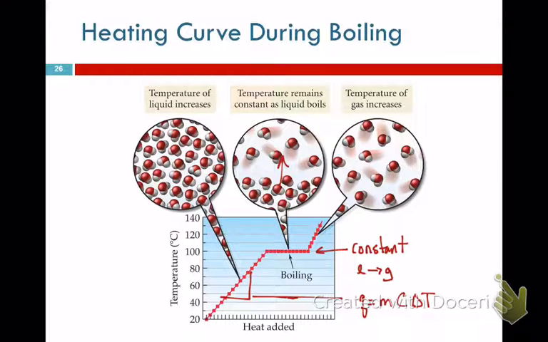To calculate how much the temperature goes up, you can use this equation. So the temperature change is like this energy from here to here, right? If you know the mass and the specific heat of whatever you're heating, then you can calculate this part here. So you can actually calculate that part of the line, and we're going to do those calculations. But if you see a slope in an increasing temperature, that's an MCAT calculation. So we'll do those. We'll start that first thing tomorrow in lecture, okay?